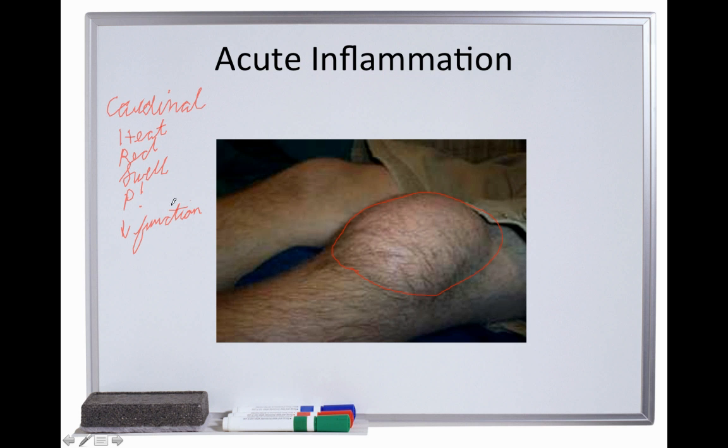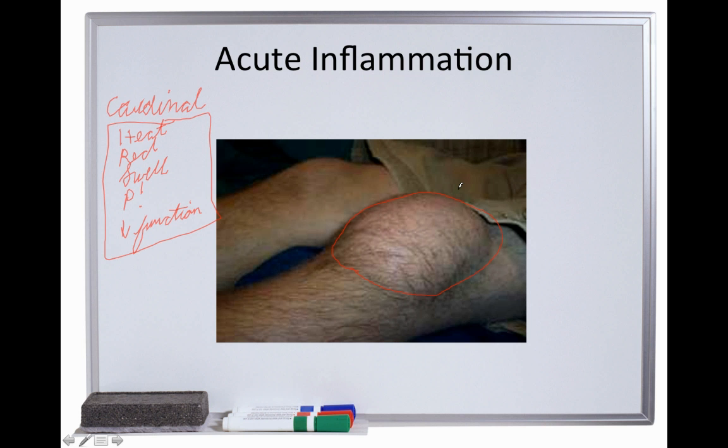You want to know these 5 cardinal signs of inflammation: heat, redness, swelling, pain, and decrease in function or loss of function. All that's going to be happening here with this nice big red swollen knee.